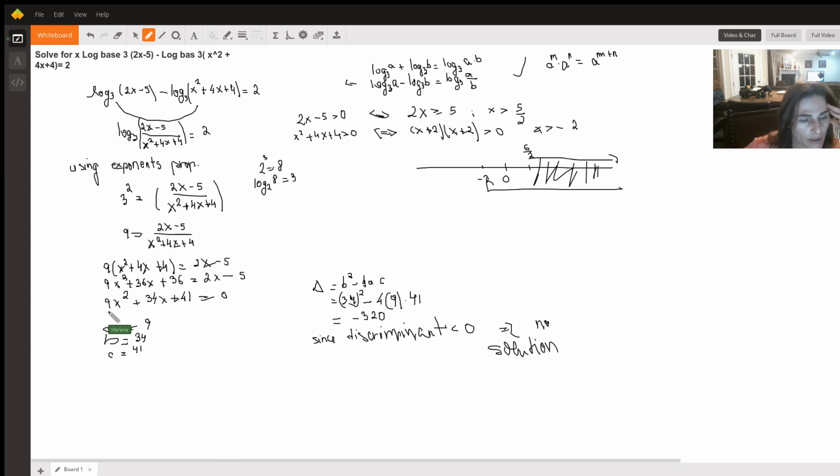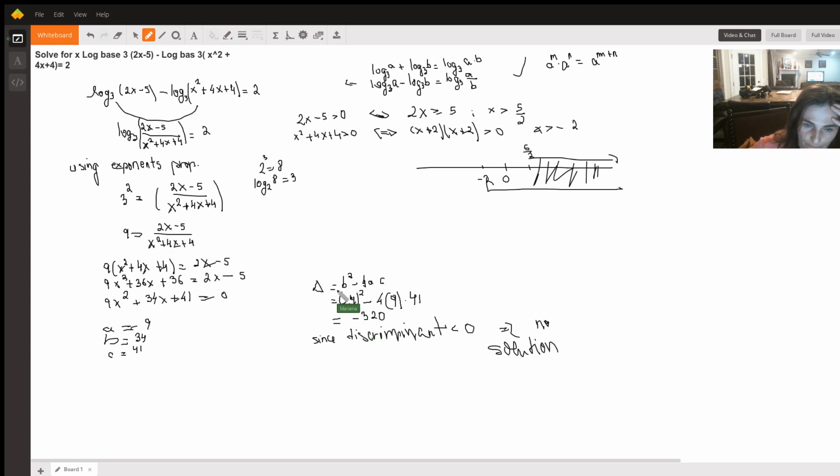Now, this is really hard to factor because you have big numbers. So I always tell my students to look at the discriminant. The discriminant is b to the second minus 4ac.